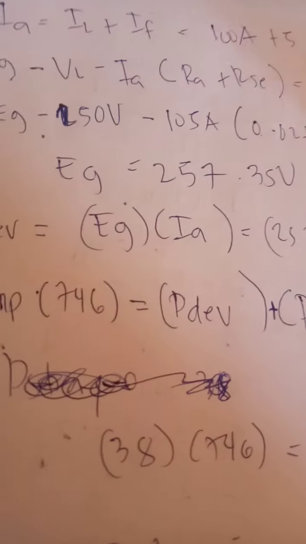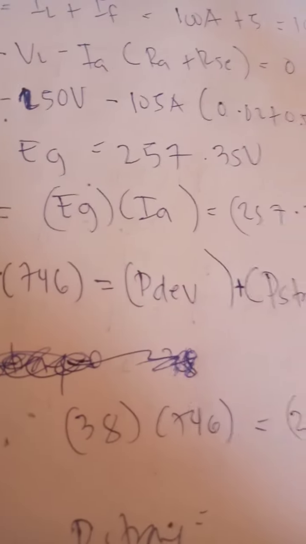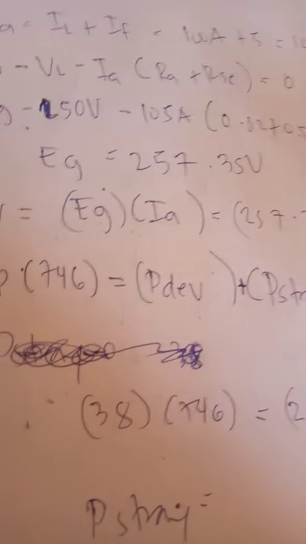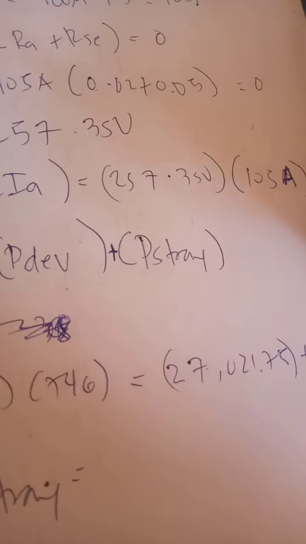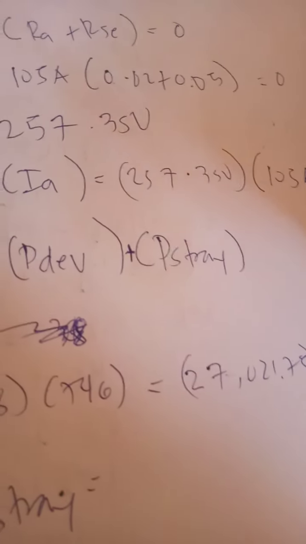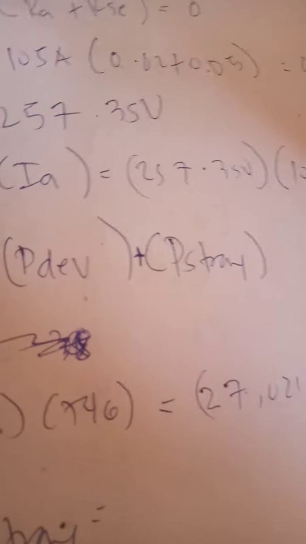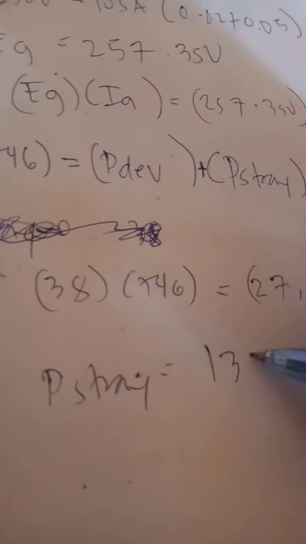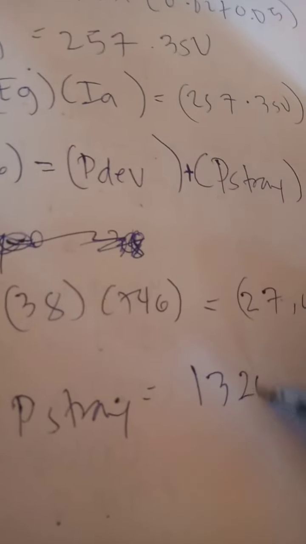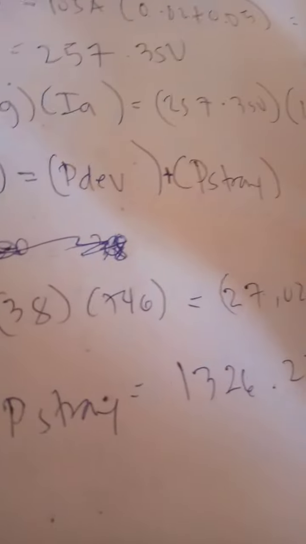We should have P stray equal to 38 times 746 minus 27021.75. We have an answer of 1326.25 watts.